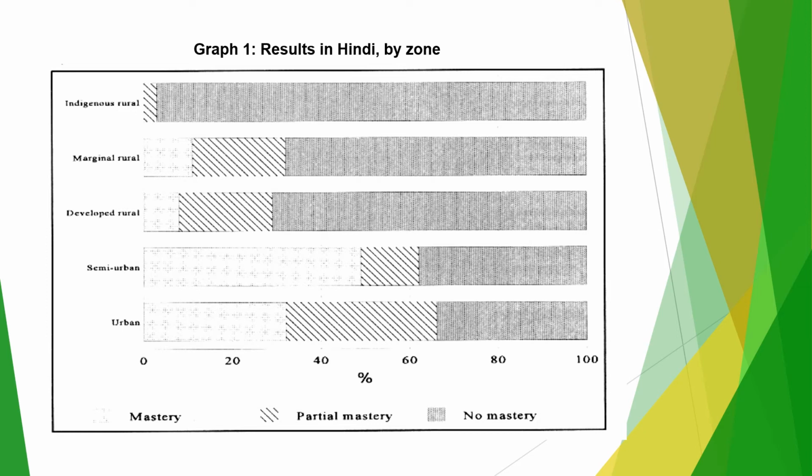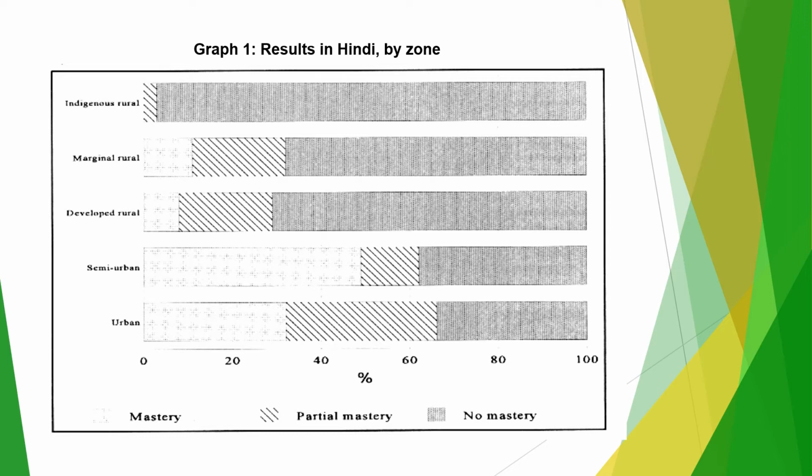The graph, which is not very well presented, my apologies, shows the results in the language, the main language spoken in India, Hindi, by each of these zones. As I mentioned, the study identified 5 different zones. The urban zone, quite well developed, with low levels of poverty, quite high levels of literacy, and so on.